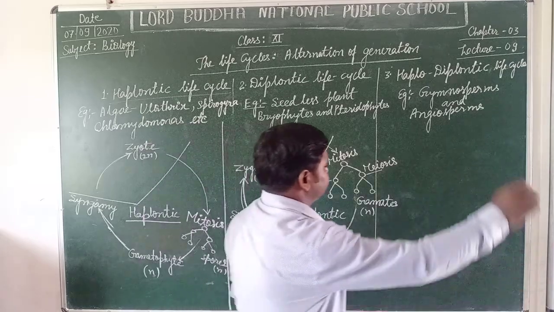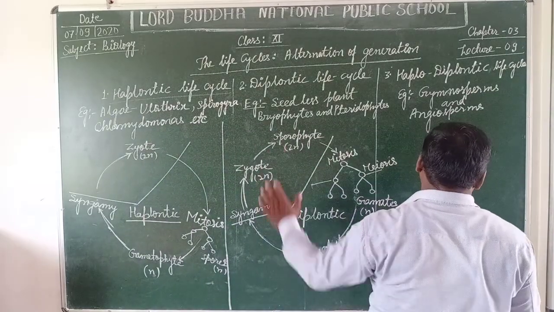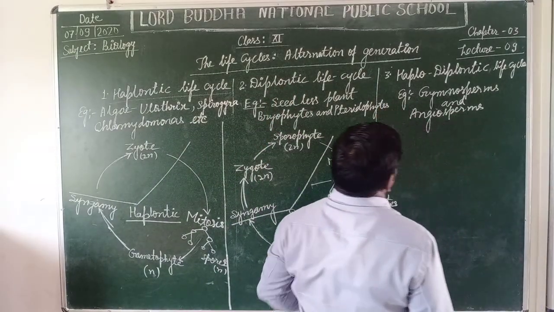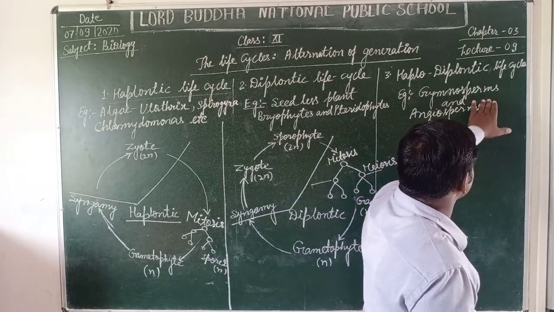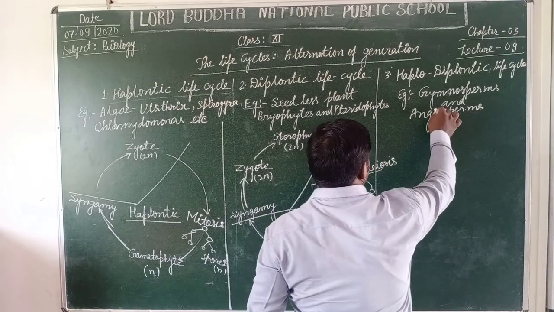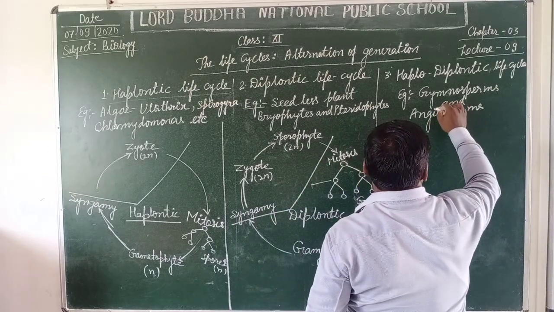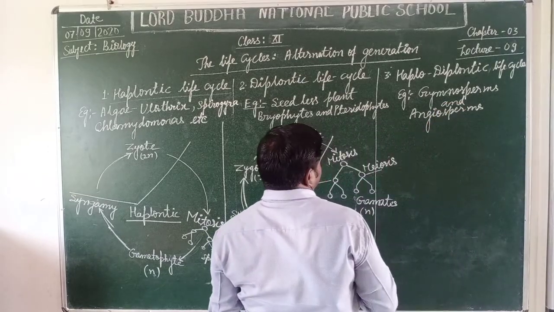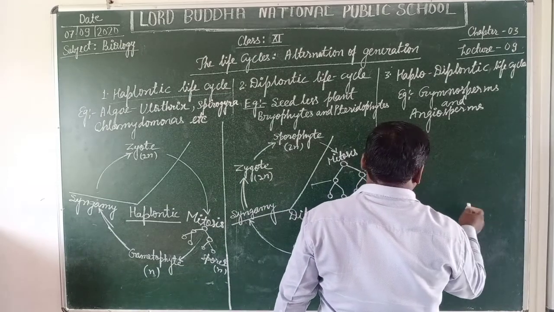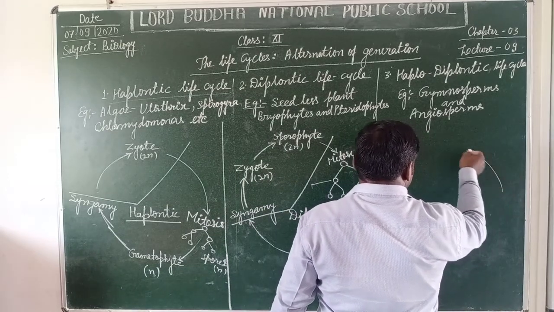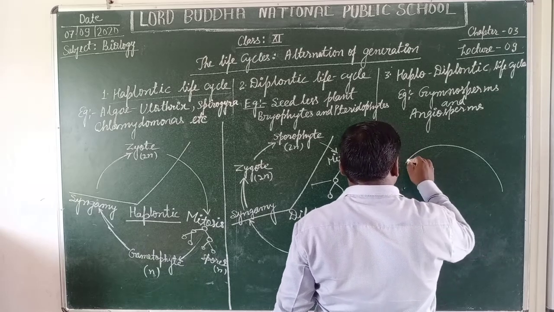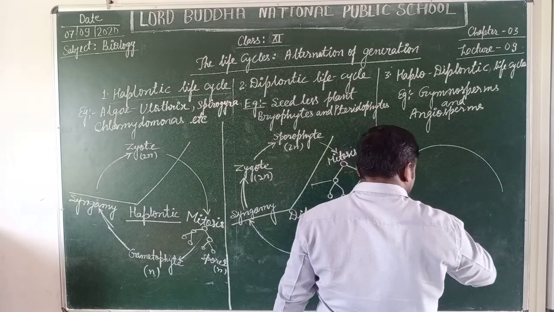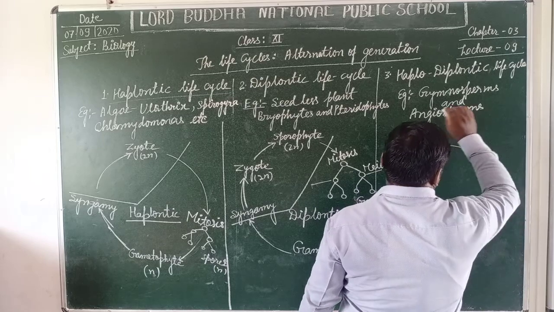The last one is, students, the haplodiplontic life cycle. The haplodiplontic life cycle is usually found in the kind of plants belonging to the gymnosperms and angiosperms. This is the last topic of this chapter, and here the phases are somewhat similar to both haplontic and diplontic life cycles.